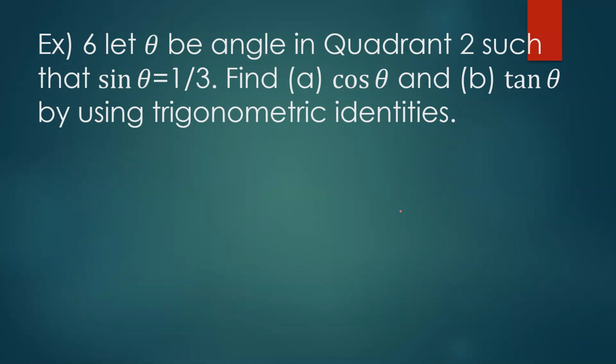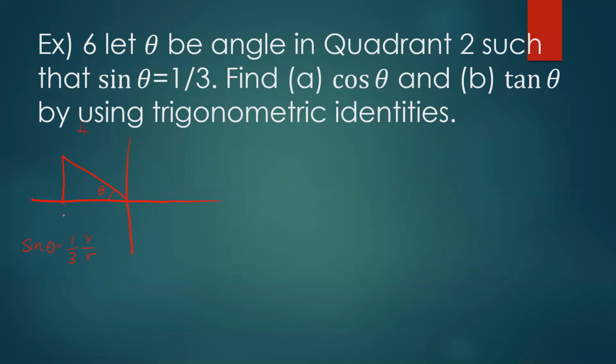So the first thing I would do is always draw the triangle. The good thing is they tell us this is in quadrant 2. So we're in quadrant 2. There's theta. So they're saying that this is what was given, sine of theta equals 1 over 3. So what is sine? It's y over radius.